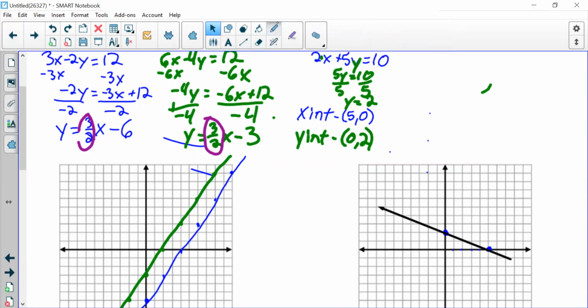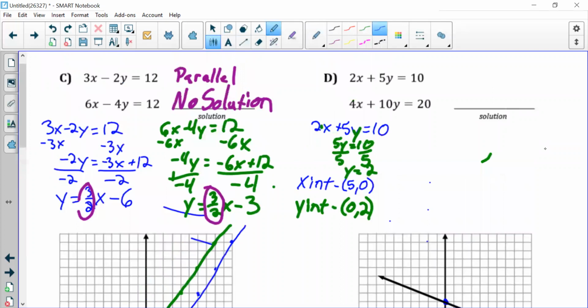All right, next, going back, we're going to find the x and y intercepts of our other equation. Grab my green pen, which is 4x plus 10y equals 20. All right, do our x-intercept first.